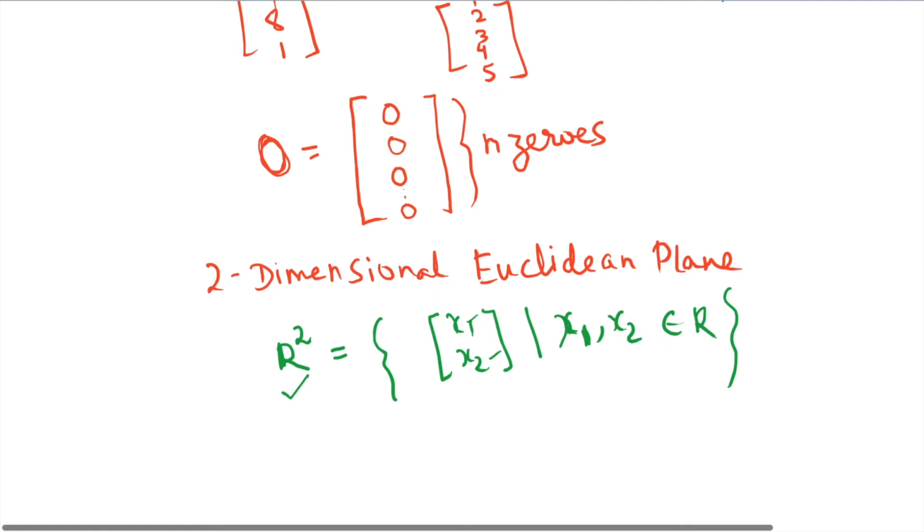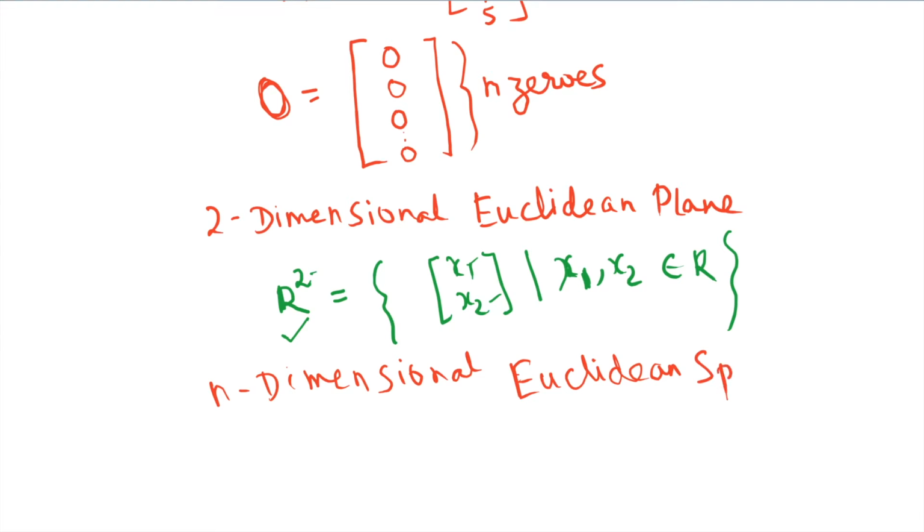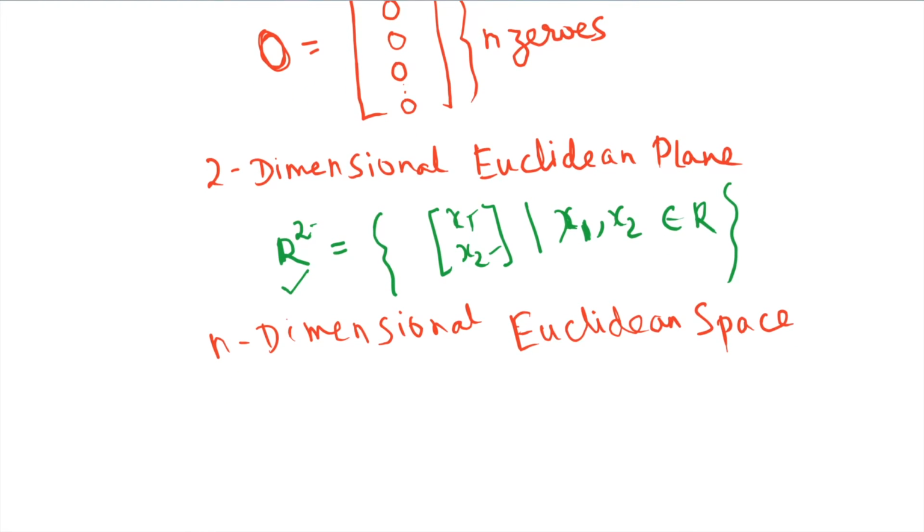Now there is nothing quite unique or very important about this number 2 here. Using the same logic, we can define an n-dimensional Euclidean space just the way we defined a two-dimensional Euclidean space.